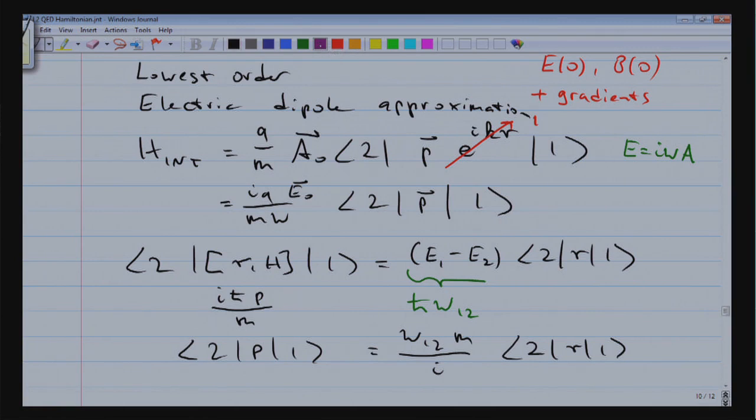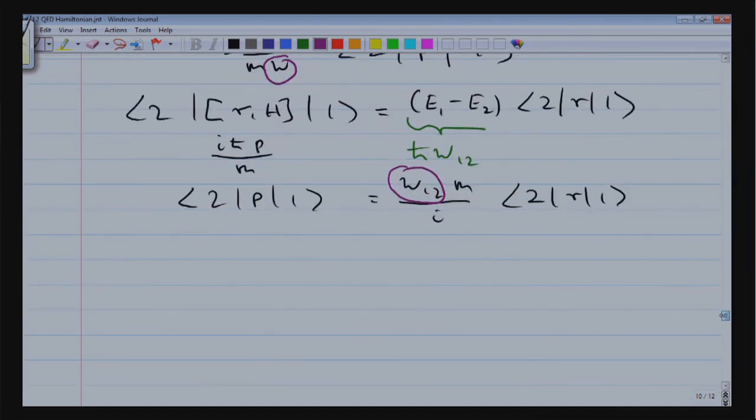But now we want to put things together, and I want to point out that we have an omega here, which is the frequency of the electromagnetic field, and we have an omega 1,2 here, which is the transition energy. So if I put it together, I started with the p dot A Hamiltonian, but the p matrix element became an r matrix element.